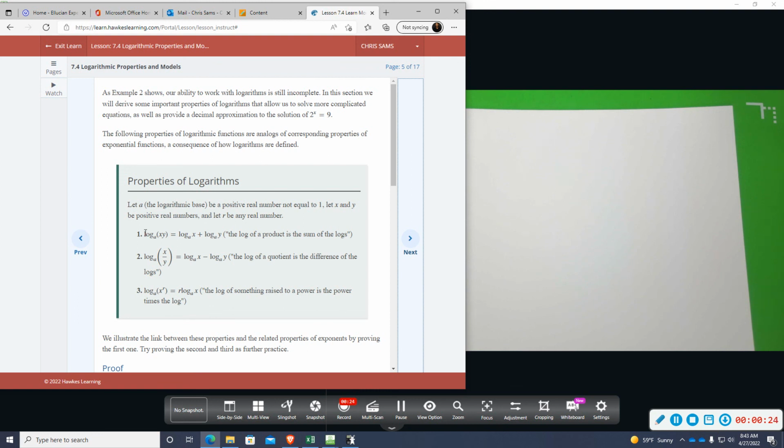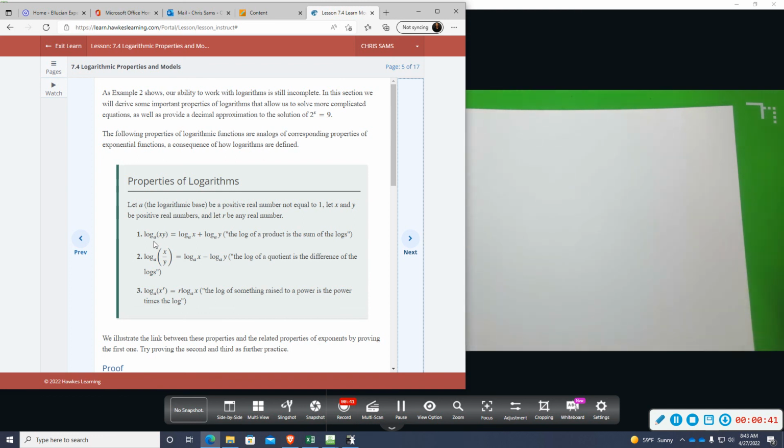So a log is just log, or it could be natural log, ln. We'll see both. You will be given some base, a. If there is no base given, it's understood to be 10.